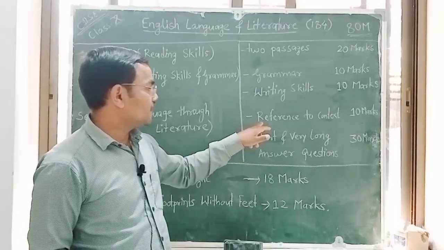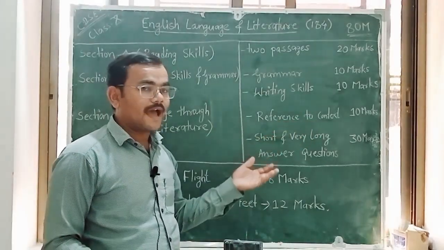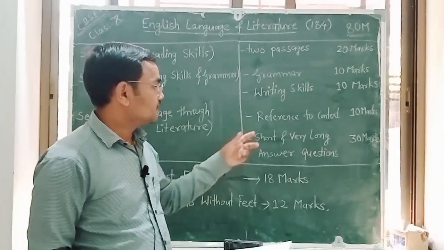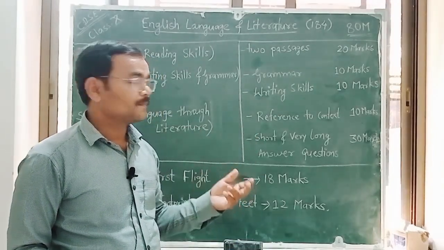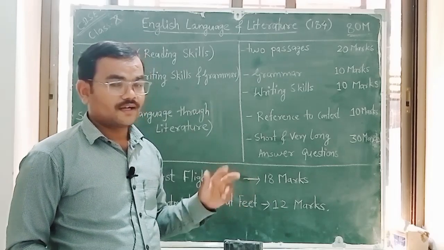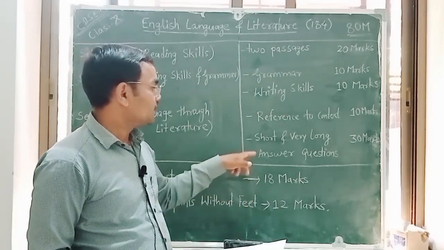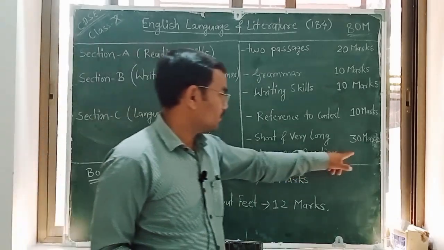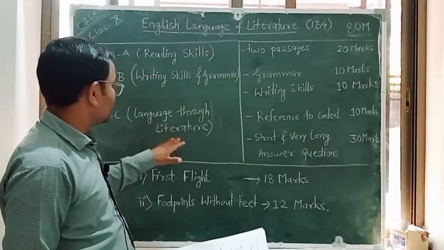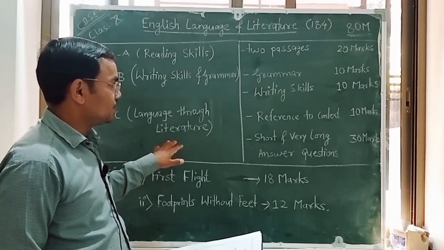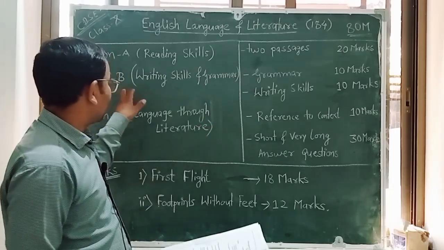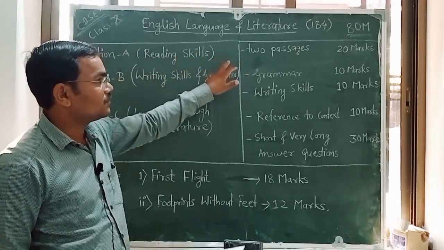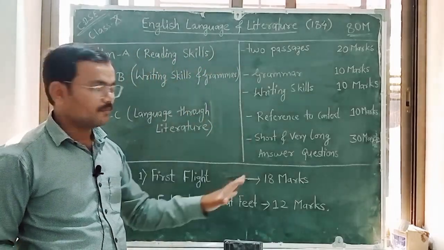In reference to context you will be having two questions, one from drama or prose and another from poems. Short and very long answer questions you will also be having for 30 marks. So language through literature is of 40 marks, writing skills and grammar is of 20 marks, reading skill is also of 20 marks, total 80 marks.